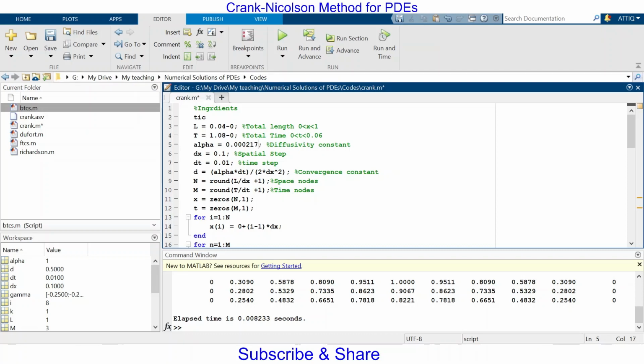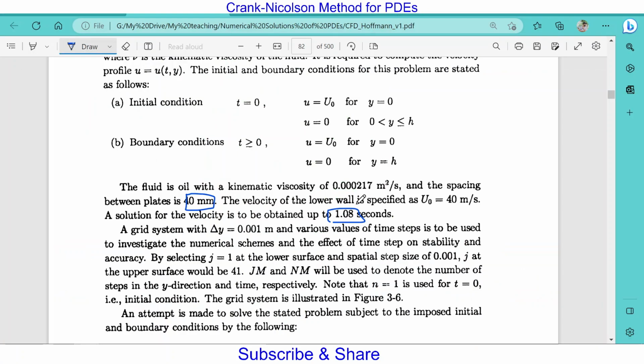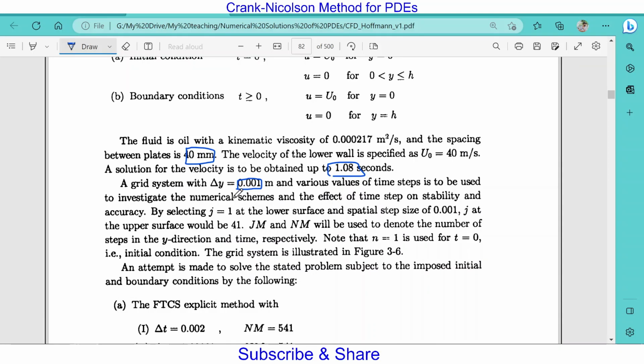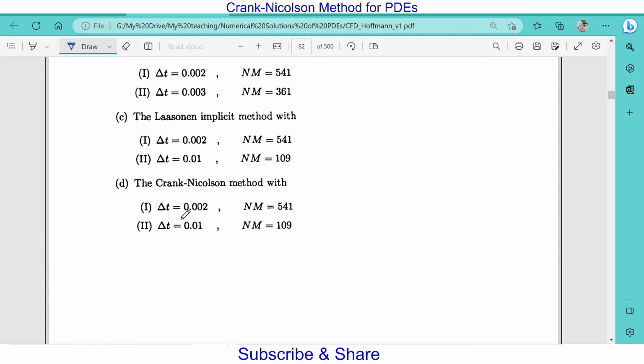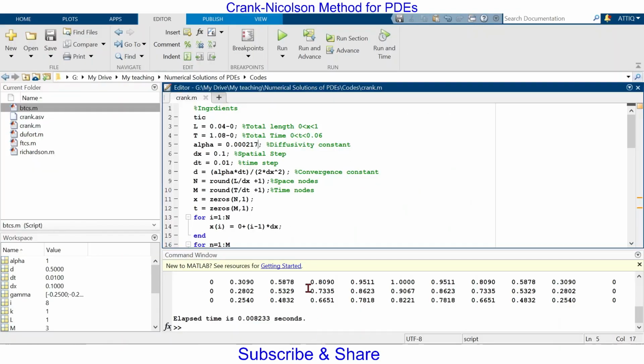Space steps, he asked to solve for space step 0.001, and the time step will be defined here. So we will be using this case 0.01. Okay, and everything else our code will calculate.